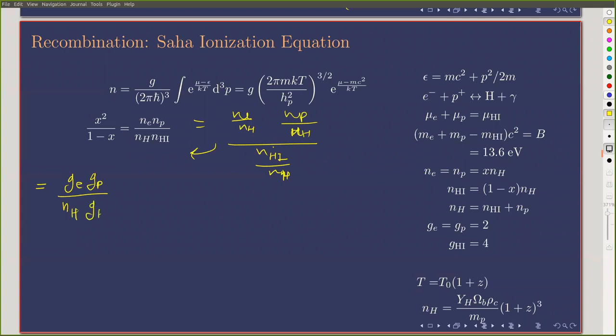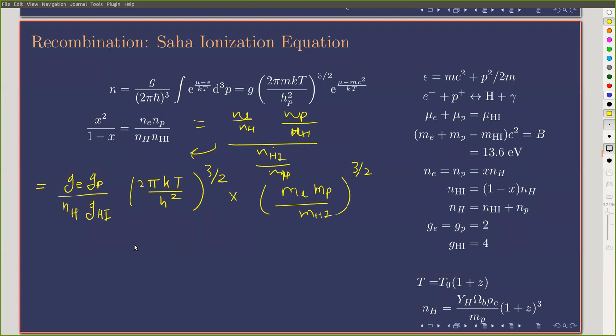And this is for the neutral hydrogen, times the rest of the factors. So we have 2 pi kT by h squared raised to 3 by 2 times the mass of electron, mass of proton, over the mass of neutral hydrogen, raised to 3 by 2.